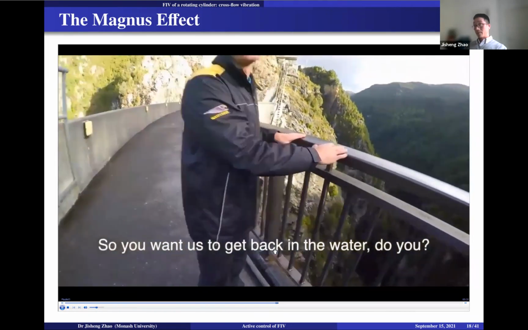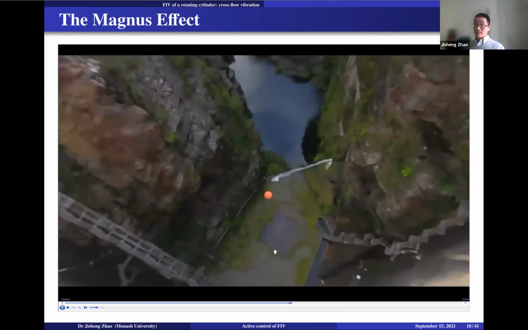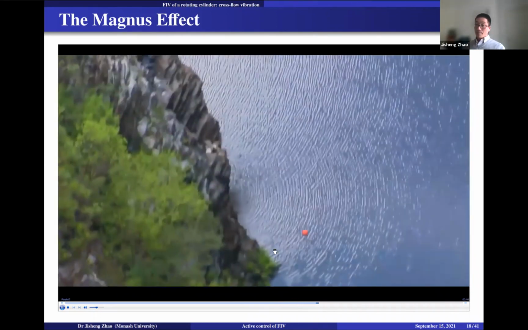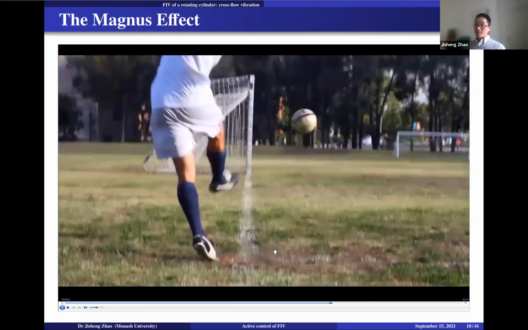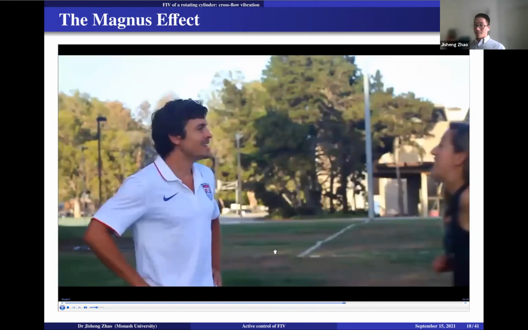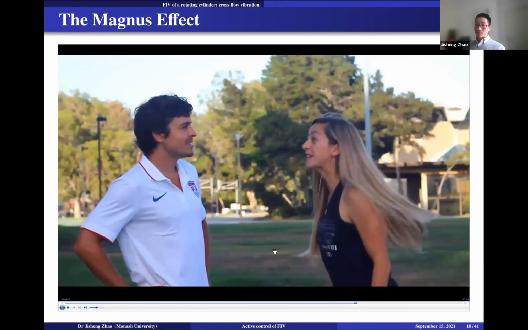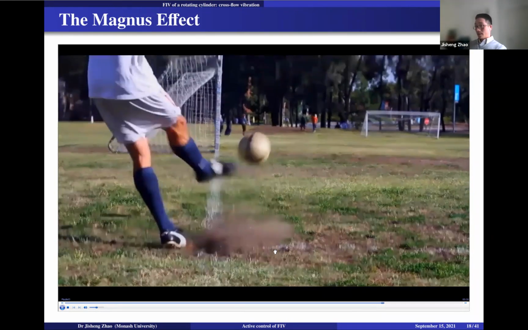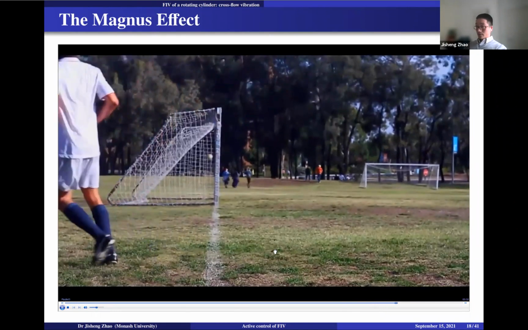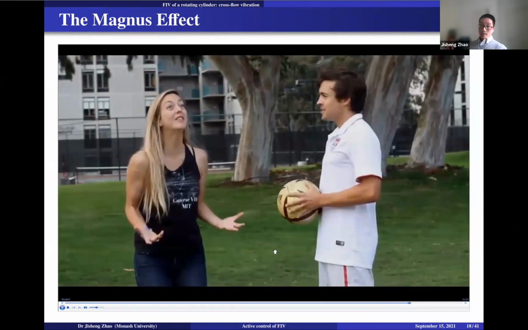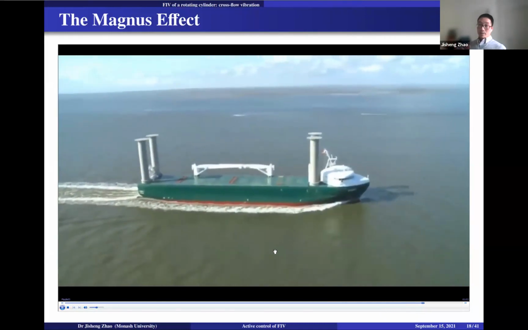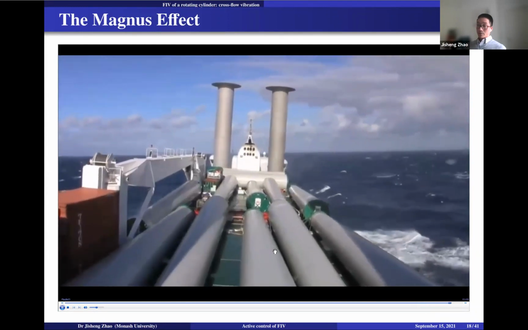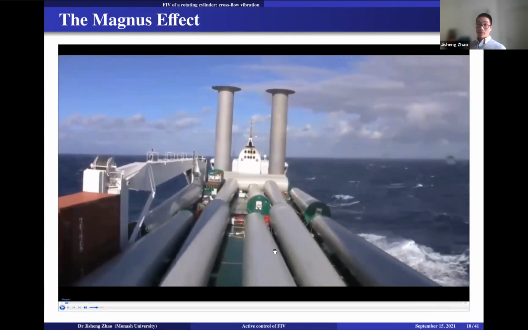I think back in the 1920s and 1930s, research on the Magnus Effect and attempts to apply the effect were quite intense. I think there were lots of experiments going on a century ago. So basically, when the surface of the ball or cylinder has a velocity relative to the flow, it can generate a side force.